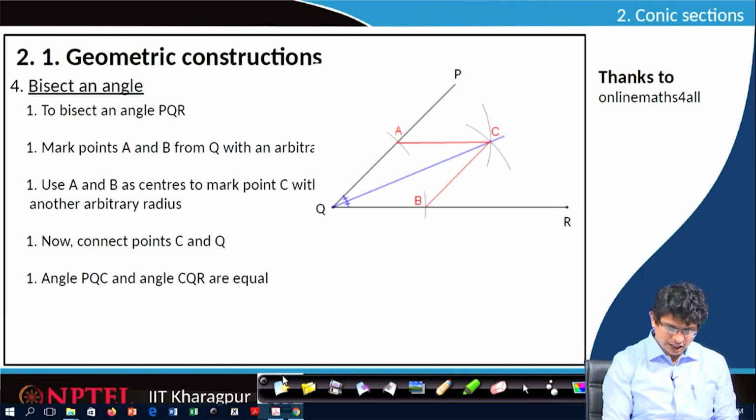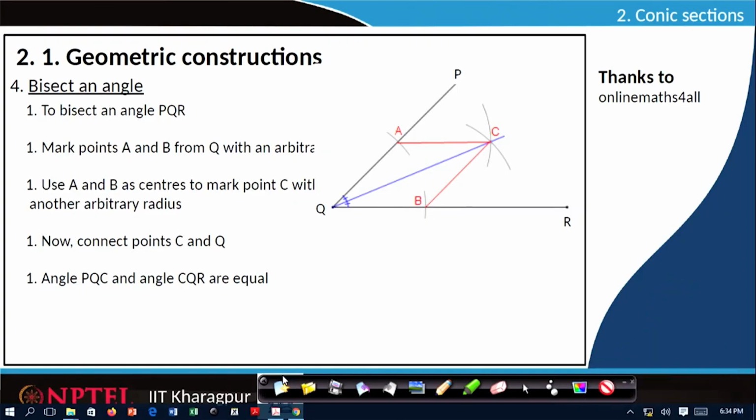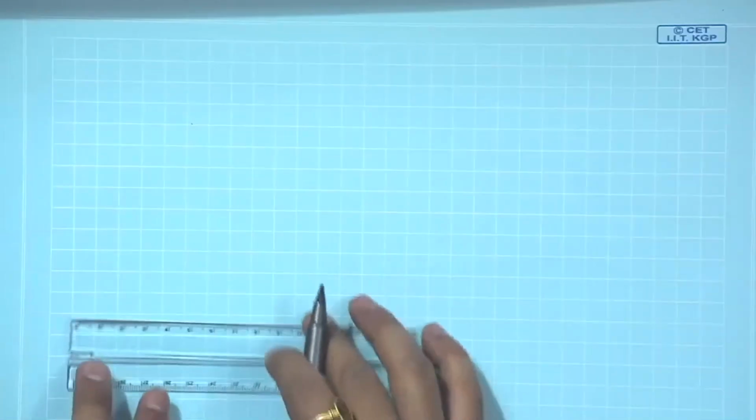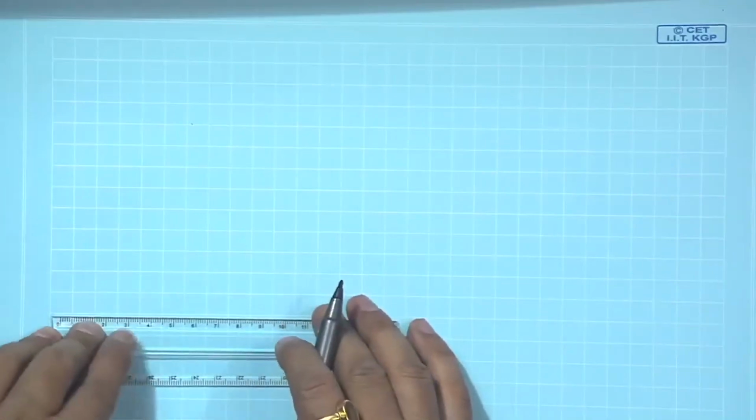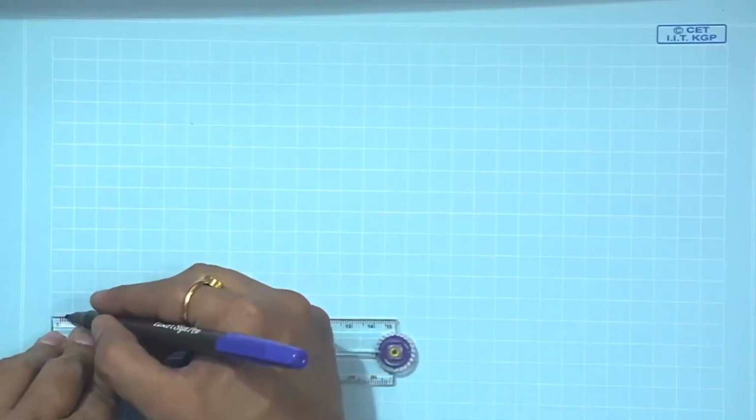Let us draw an angle. Somewhere mark it.